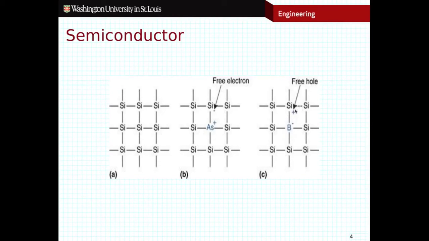There's an empty space where an electron should be, right? So this hole, this absence of an electron, can be thought of as a positive charge, which means that this is positively doped. Or in other words, we say that the arsenic-doped silicon is going to be N-type, and if we use boron with the silicon, it's going to be a P-type semiconductor. So all transistors are composed of N-type and P-type semiconductors.